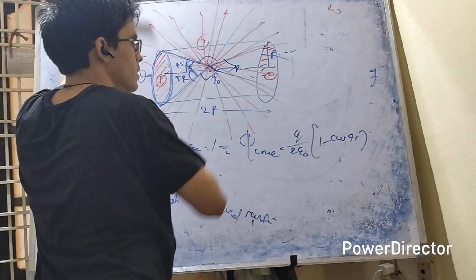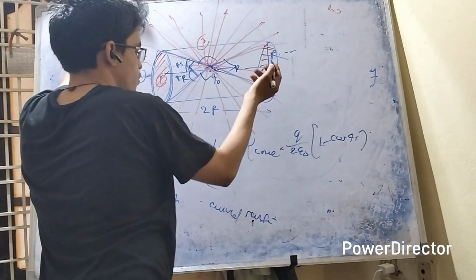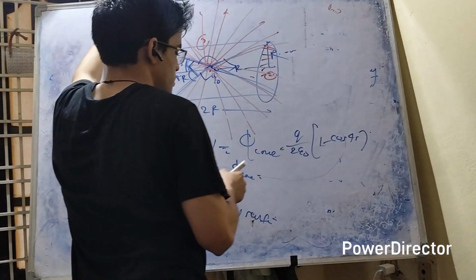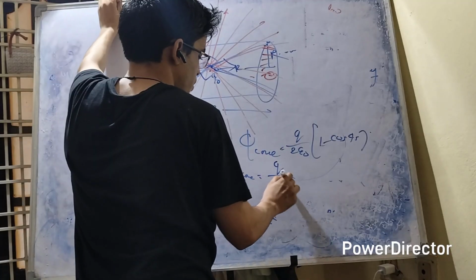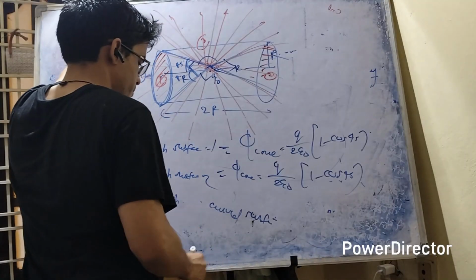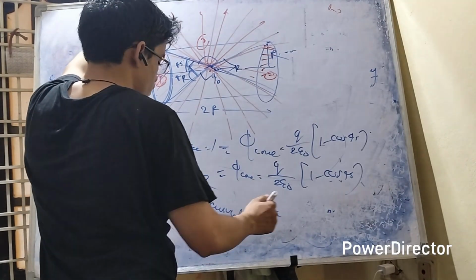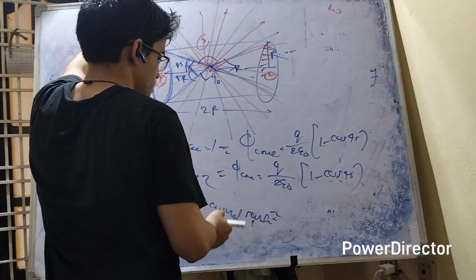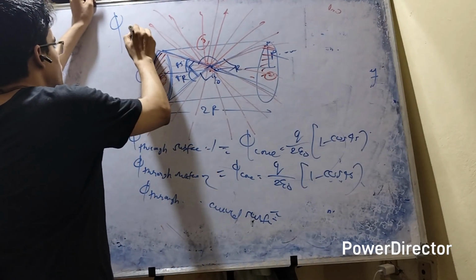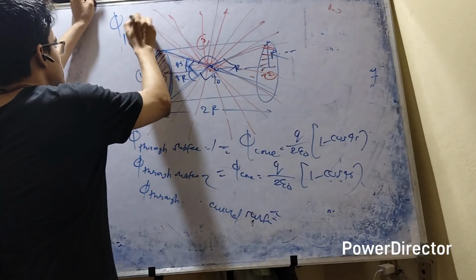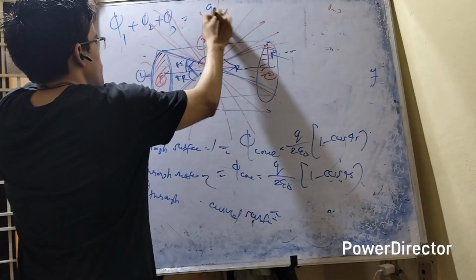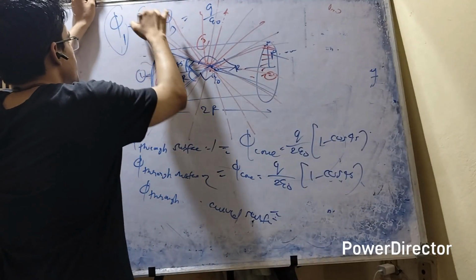What about the second surface? It is also equal. Why? Because this is also a cone. You can write that the flux through the cone, surface 2, will be Q upon 2 epsilon naught times (1 minus cos of 45). Next, in the case of the curved surface, phi through the closed surface, that is first plus second plus third, equals Q upon epsilon naught, right?